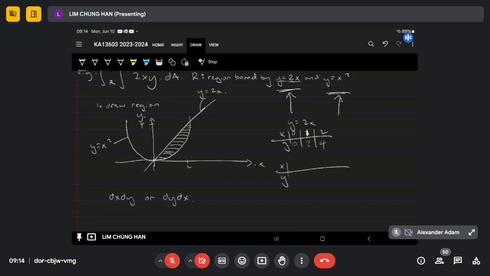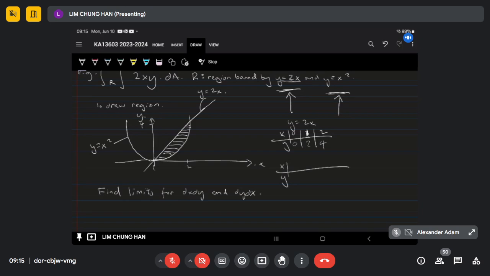We just find the limits for both. Limits for dx dy and dy dx.